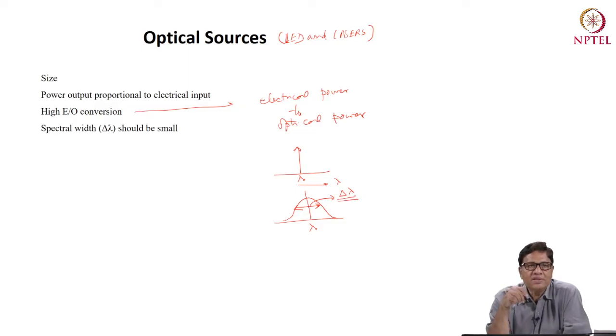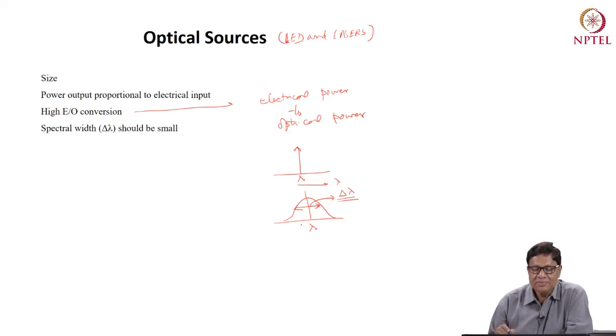So we want this delta lambda to be as small as possible, because if the light has many colors, in communication this could be a problem, because each wavelength will travel in the medium with different speeds, and when they travel with different speeds, they arrive at the receiver at different times, meaning there will be a dispersion in the pulses, or the pulses will spread.